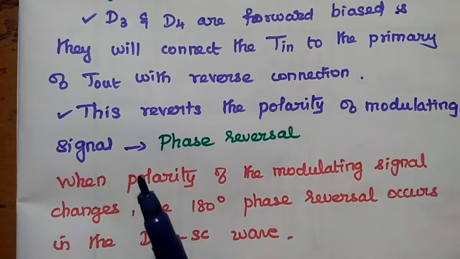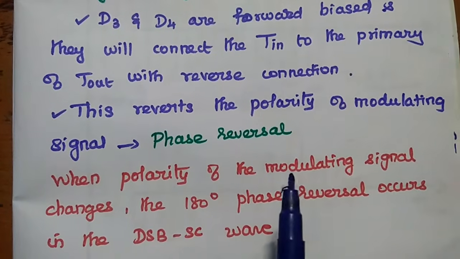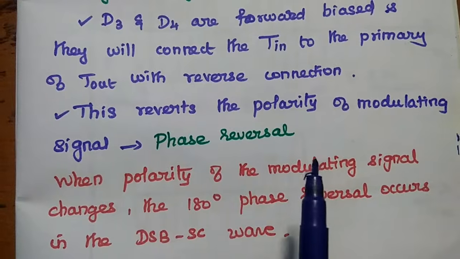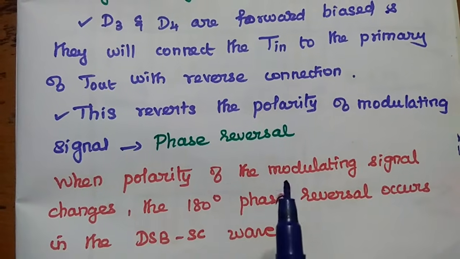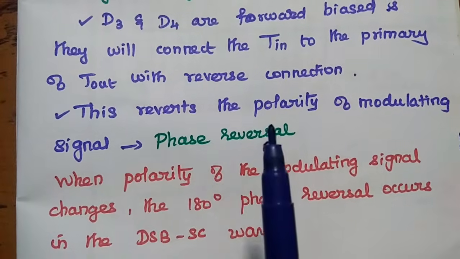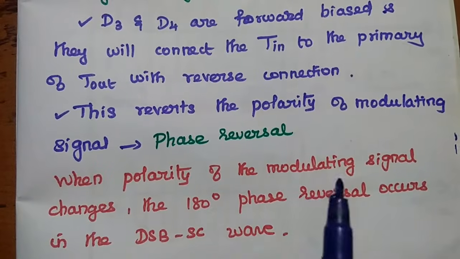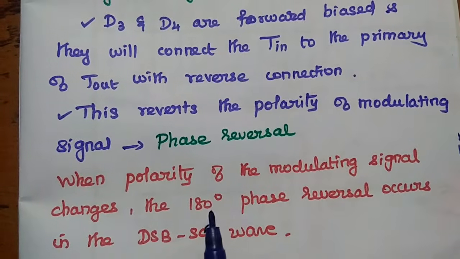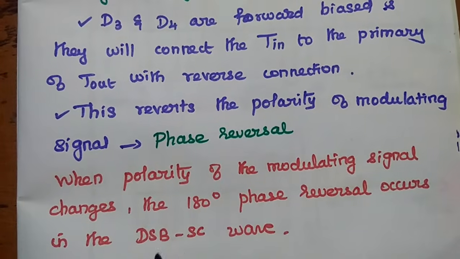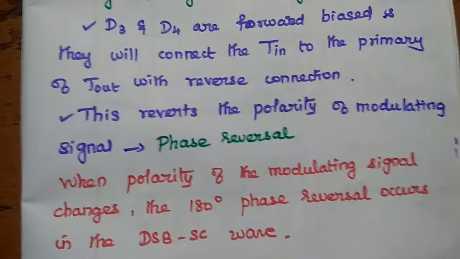So during the negative half cycle it reverses because we are applying the carrier signal at the center taps of the transformer. So it can reverse the phase of the modulating signal. When the polarity of the modulating signal changes, the 180-degree phase reversal occurs in the double sideband suppressed carrier wave.